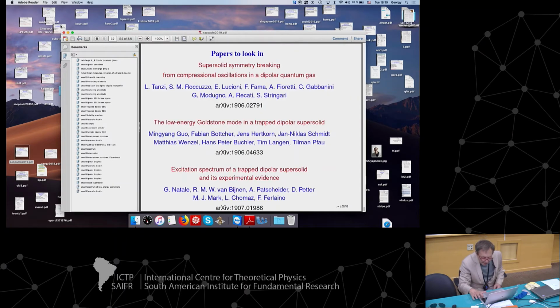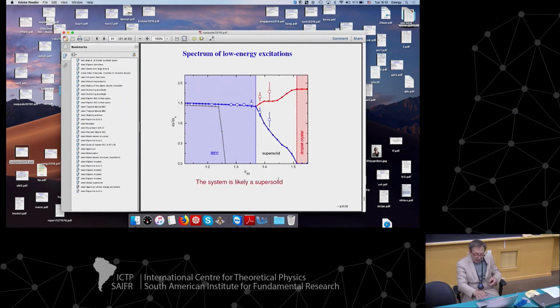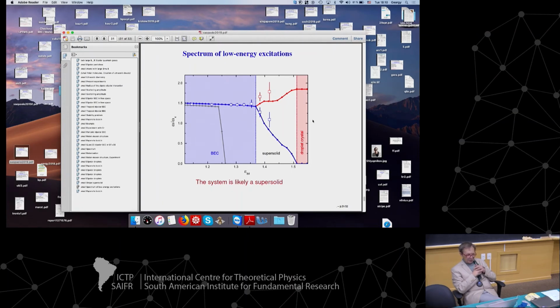Here are these papers, where I presented the arXiv numbers of these three experimental papers. Here is the transition from the uniform condensate to a supersolid. Question: assume that temperature is tending to 0, which is to a large extent true. Is it a first order transition or a second order transition?